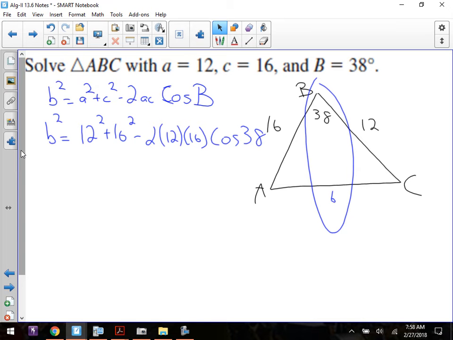I'm getting b squared equals 97.40. Now what do I do to that to get b? Take the square root of my answer, and I get 9.87.